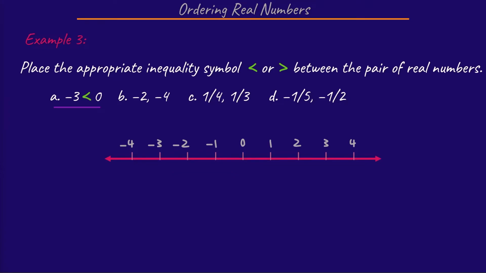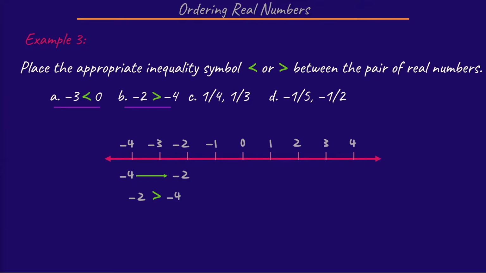Now let's move to the second pair of numbers. We have -2 and -4. As we can see, -2 lies to the right of -4, so we can say that -2 is greater than -4 because it lies to the right of it. Let us replace it: negative 2 is greater than negative 4.